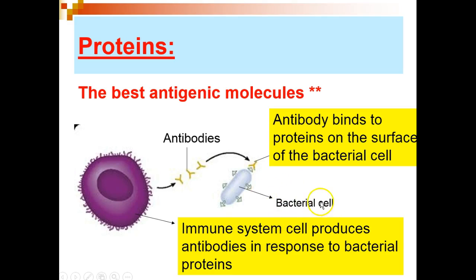The presence of foreign proteins in, for example, a bacterial cell will trigger an immune system cell into producing antibodies that will bind to the protein that triggered the production of such antibodies. So, proteins are said to be antigenic because the presence of proteins triggers the formation of antibodies in immune system cells.